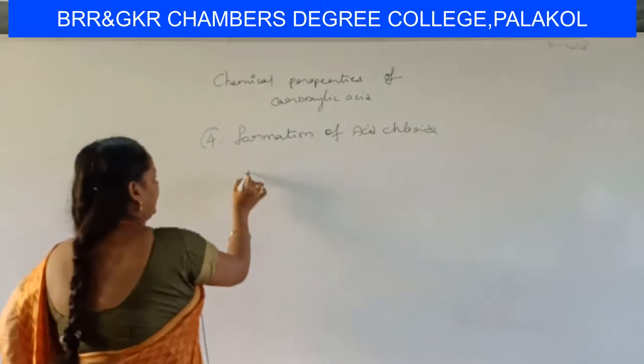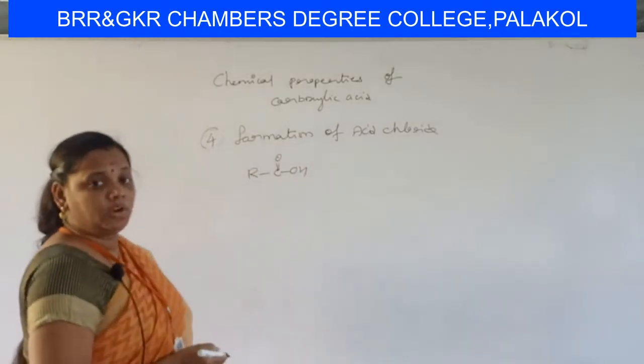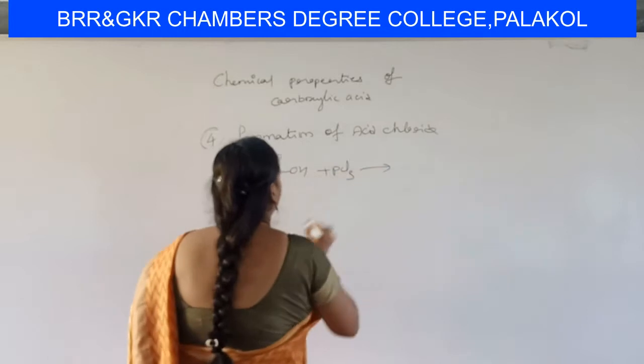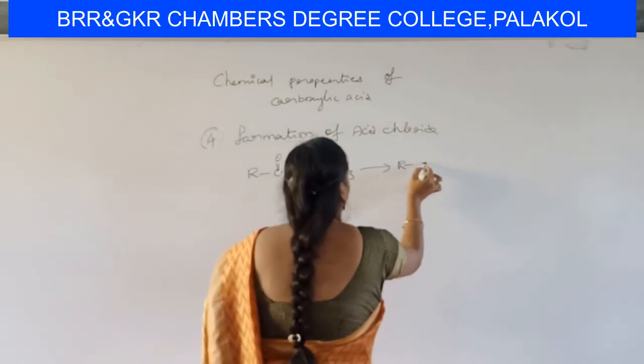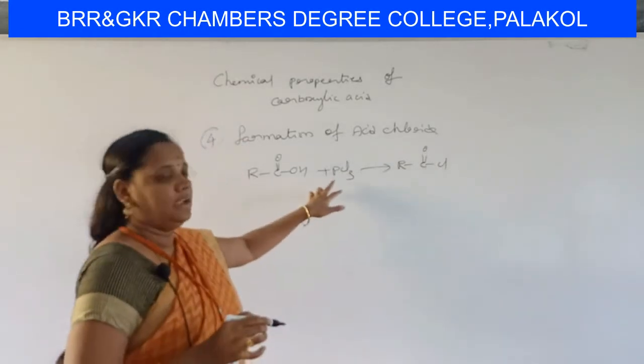For example, if you take carboxylic acid and treat it with PCl3, what happens? You will get RC double bond OCl, acid chloride.